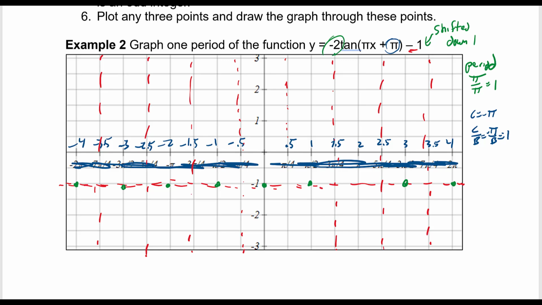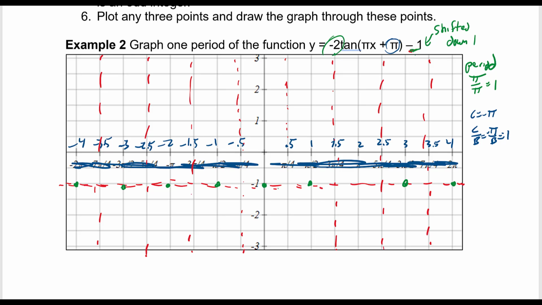Between, for example, the center and the asymptote, you would have had a point that would have produced a 1, which would move it up to there, because everything shifted down by 1, because of the negative 1 here.